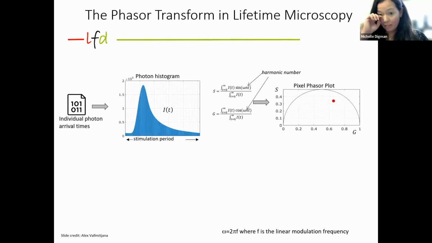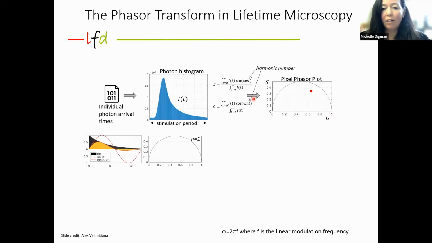Now, some of you may say, well, what if it's inside the semicircle and I have two possible combinations of fluorescence lifetime? Well, in this formula here, you'll notice we have an n, which is the harmonic number. So for an n of 1, we would just plot the S and G coordinate for that pixel. You'll notice it falls right here.